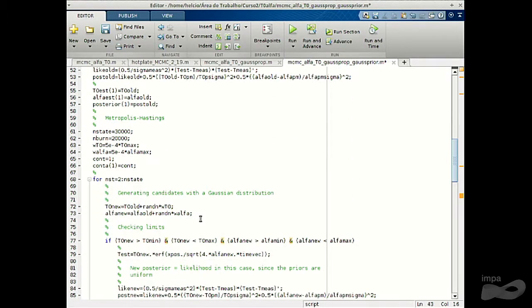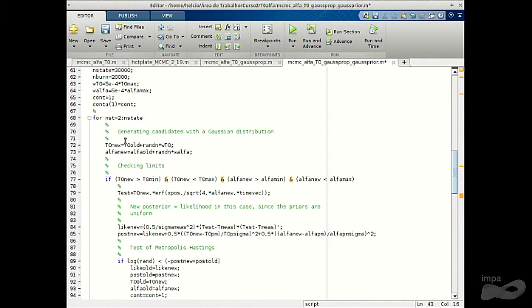And when we generate the candidates, I'm generating the candidates with a Gaussian random walk, and I check the limits, because I know the lower and upper bounds for each parameter.